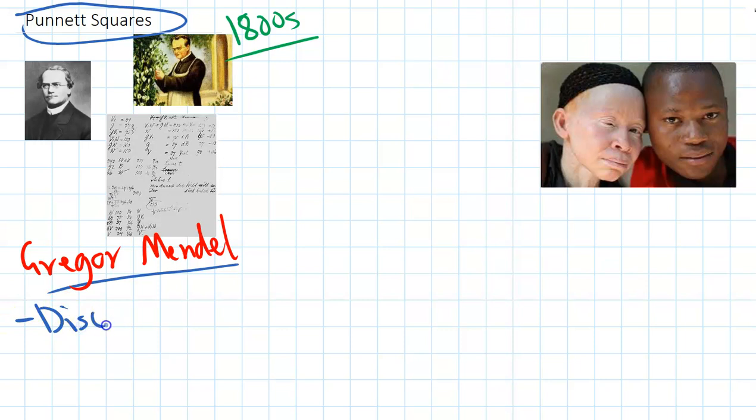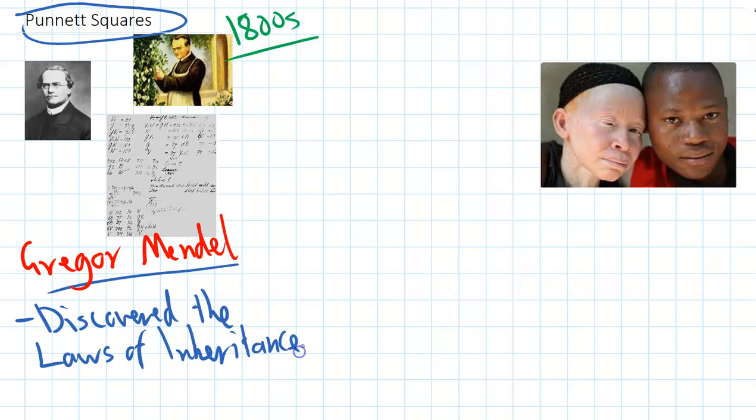So he discovered the laws of inheritance, and so that's why he's considered the father of genetics. And actually, his work wasn't even discovered until about 40 years after he died.